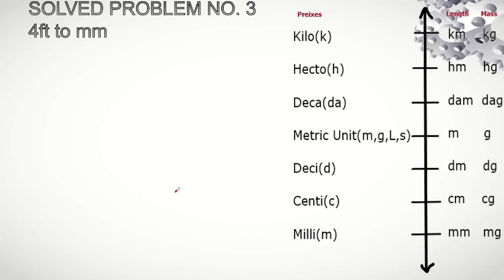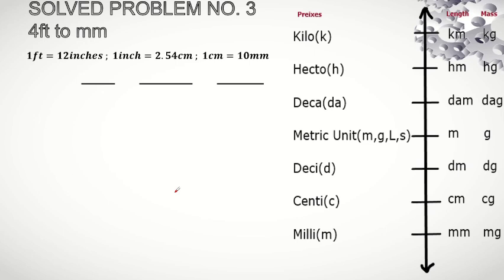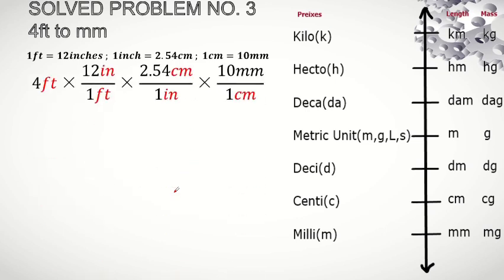Next. How are you going to convert 4 feet to millimeter? So in 1 foot, we have 12 inches. In 1 inch, we have 2.54 centimeters. And in 1 centimeter, we have 10 millimeter. Maraming multiplication. Ngayon, paano nyo makakancel yung foot in the first conversion factor? Ilagay natin yung 1 foot dito at nakaibabaw ang 12 inches.